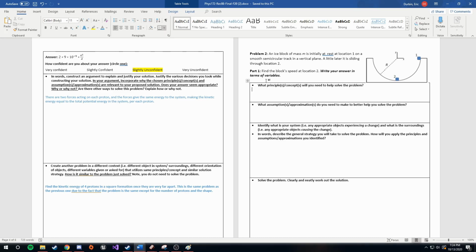The next one looks like something we did way before. Okay, I'm ready. So problem 2 is what principles and concepts, circular motion.